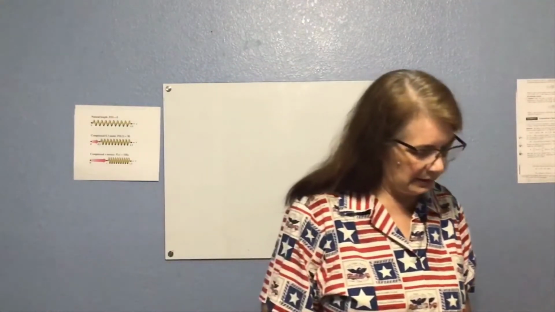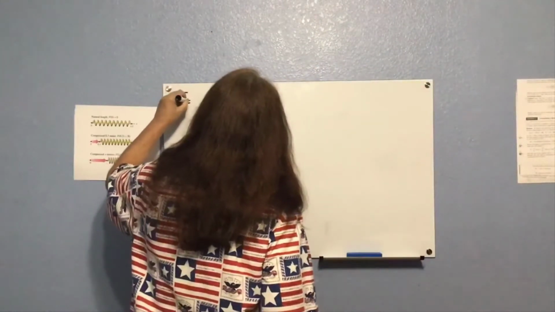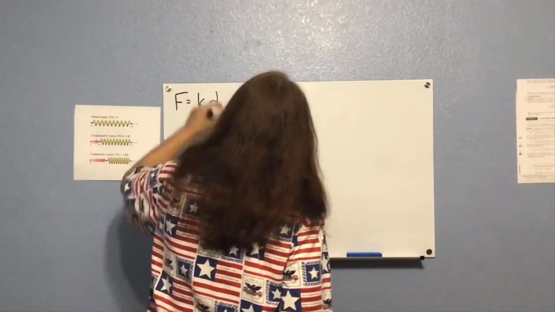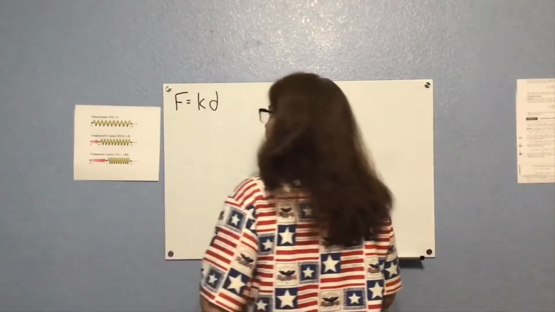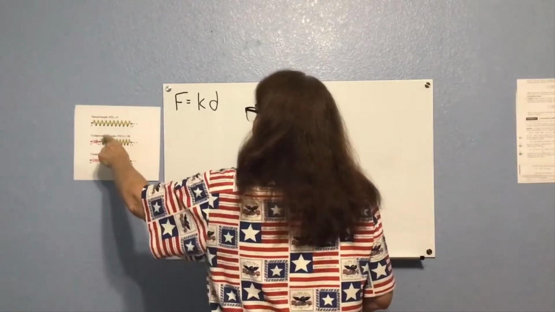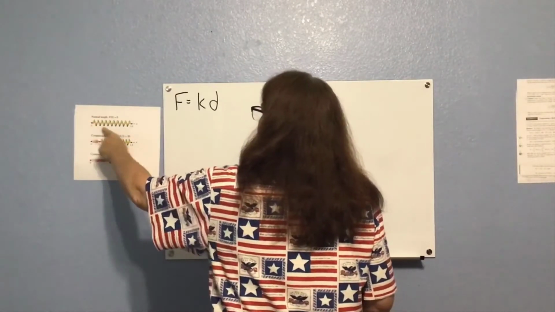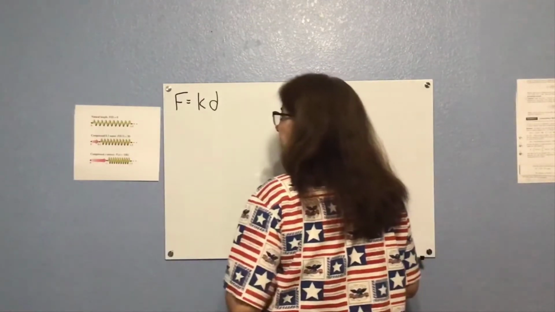Let's look at a problem that uses Hooke's law on compressing or stretching a spring. Just a reminder, F is equal to KD. And I've got a picture of a spring here. We can see that the natural length, at 0 force, this spring goes from 0 to 1.5.